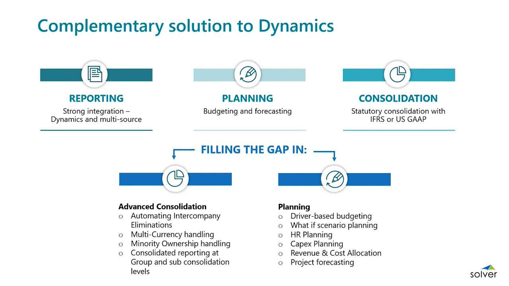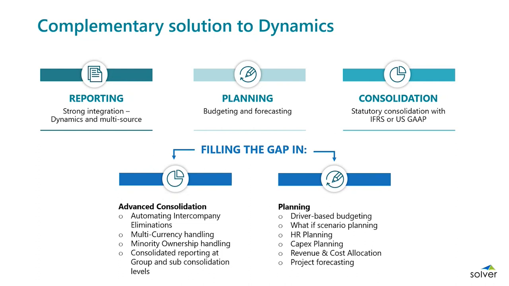And the gaps that we typically fill are around the two areas there, which is advanced consolidation, which could be automating intercompany eliminations based on organizational structures, as well as consolidated reporting on different levels, so group level, sub-consolidation level, but also consolidating data from multiple data sources, including where you have entities that are not using Dynamics or D365.